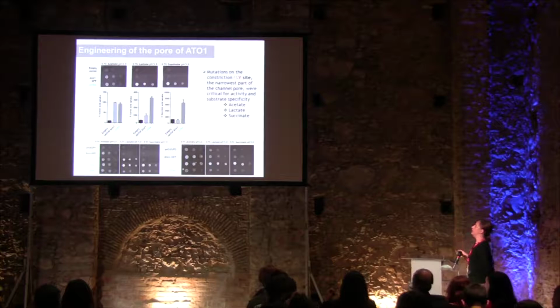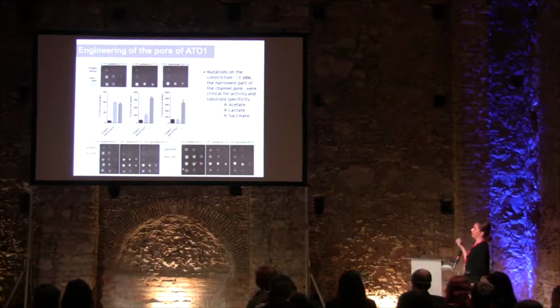These are bigger molecules of carboxylic acids, and when we mutate to alanine, we start having growth on these substrates, meaning that the transporter is able to transport these substrates. You can see here the transport of acetic acid.